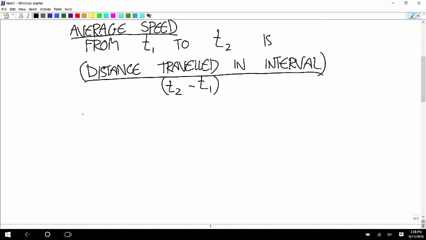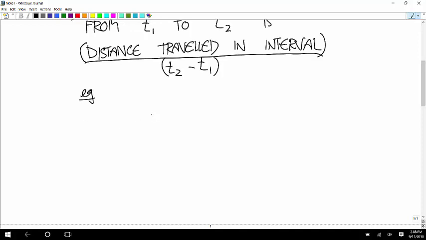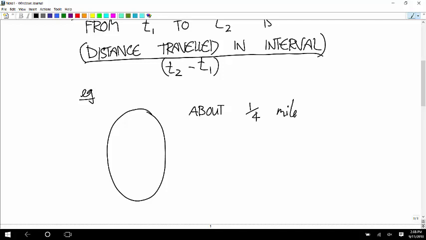So think of it this way. That's a track from above, okay? And it's about 1/4 of a mile long. Okay, so if you do 4 laps, it's about a mile.